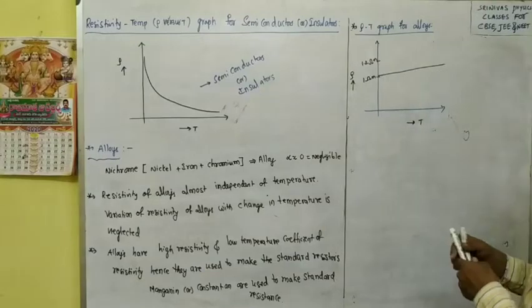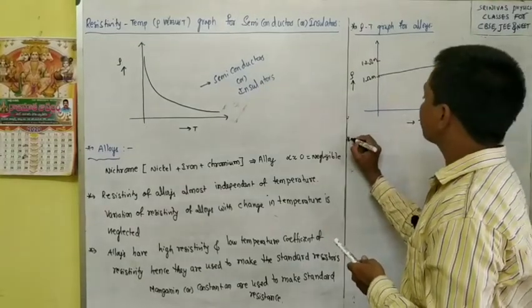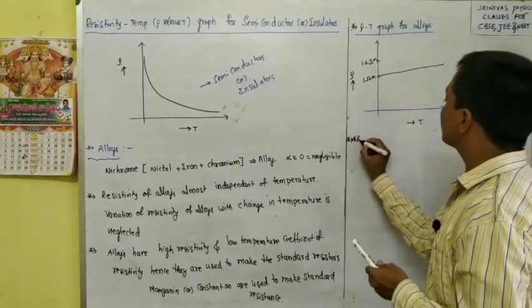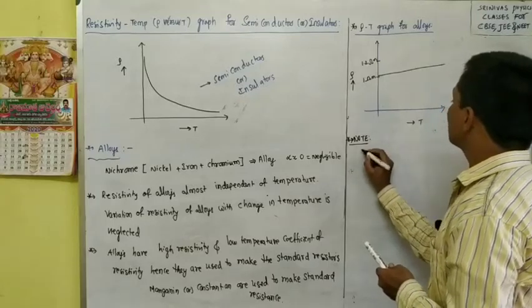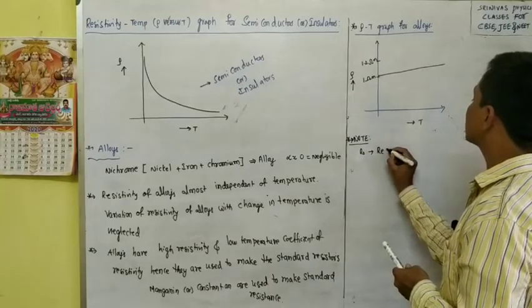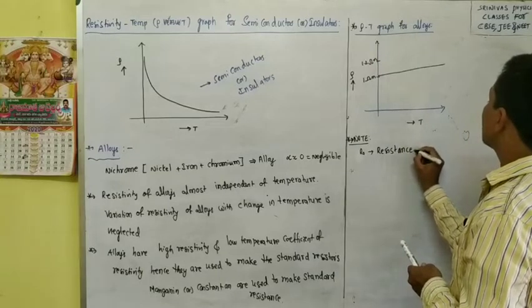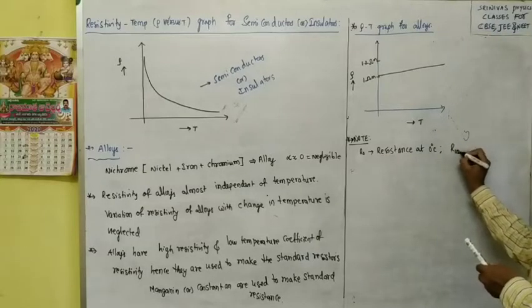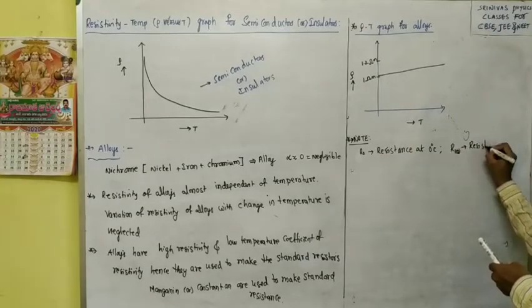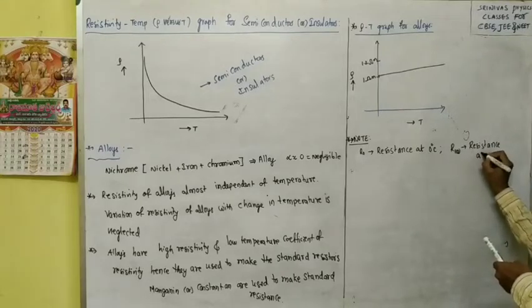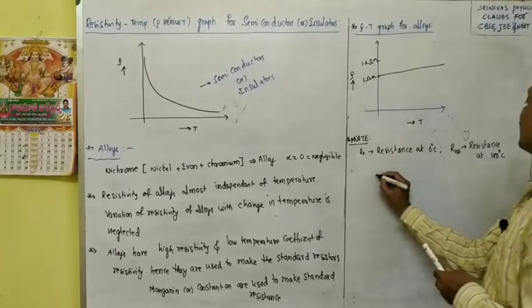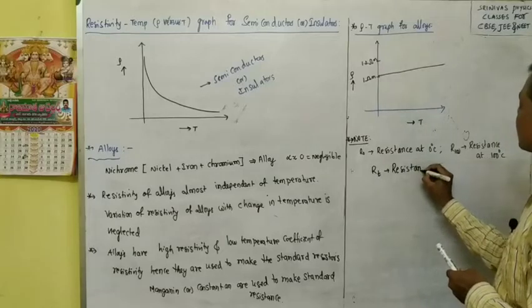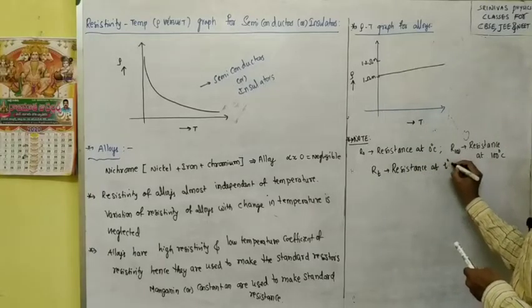And let us see, I am going to explain one more point, that is the note you wrote. Okay, we have the resistance R0, for example, the resistance at 0 degree Celsius. R100 is the resistance at 100 degree Celsius, and RT is the resistance at T degree Celsius.